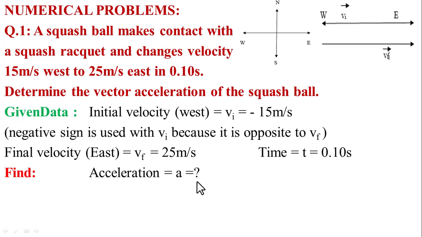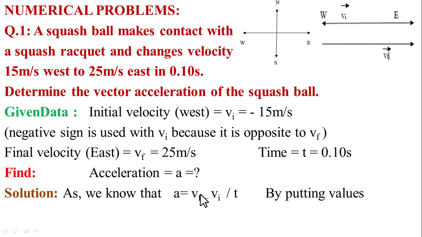First of all, using the formula to find the acceleration. As we know, according to the first equation of motion, Vf is equal to Vi plus at. Here we can find the acceleration, then a is equal to Vf minus Vi divided by t.